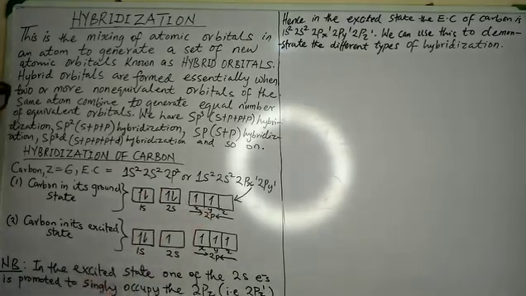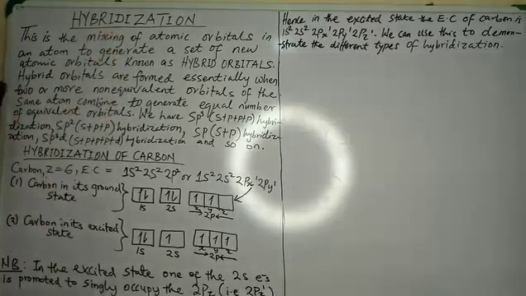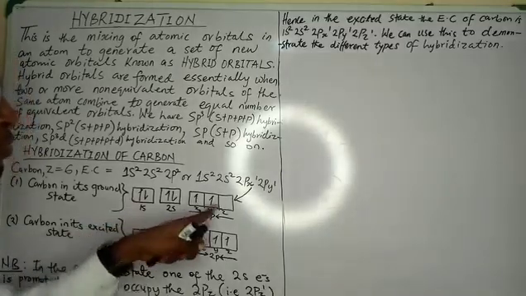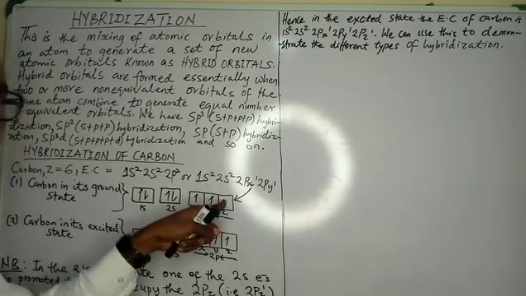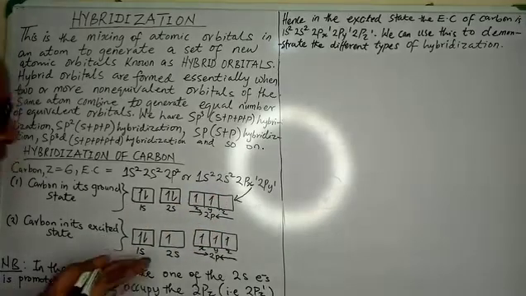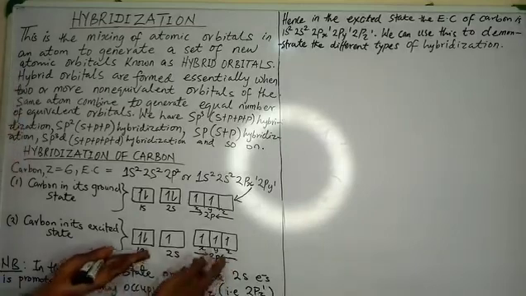This is basic, okay? But in the course of hybridization, the first point of call is for one of the two s electrons to be promoted to occupy the 2pz orbital, and that gives rise to what we call the excited state of carbon.